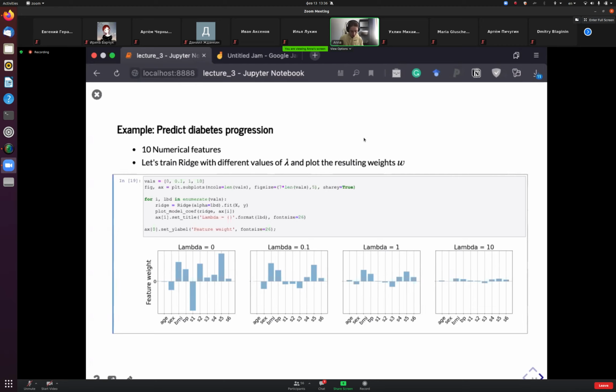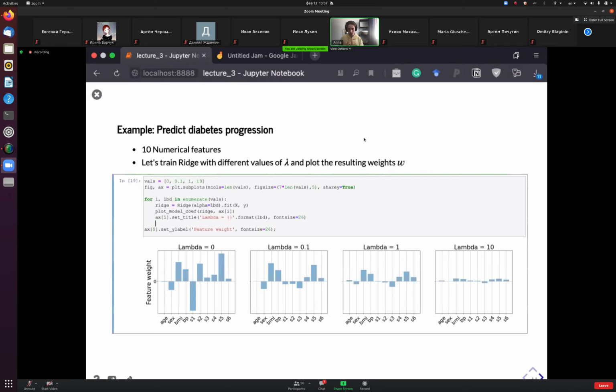It used to be pretty high, so it's almost the last bar. But when we added lambda 0.1, the value of the coefficient for this feature was reduced. If you compare it to other features, you can see that all of them were reduced by some factor. They were probably not reduced by the same factor, but they all became smaller.